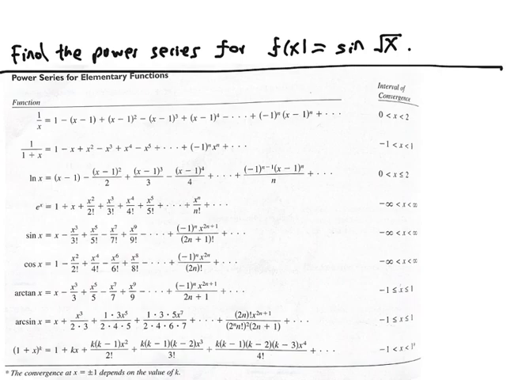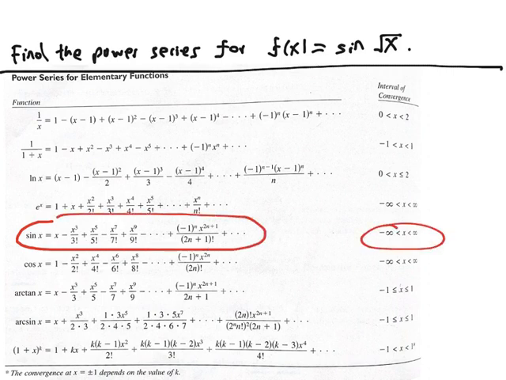So we begin with the Taylor series centered at 0 for the function sine of x, and the interval of convergence is from negative infinity to positive infinity. So let's go ahead and write that.